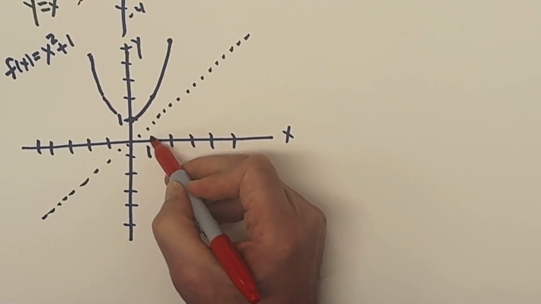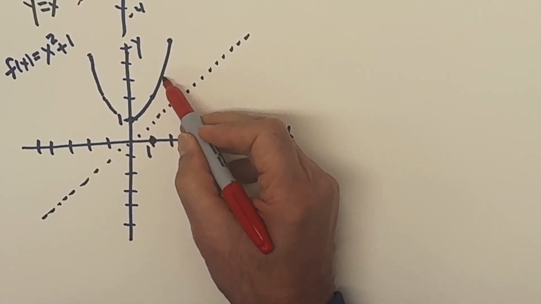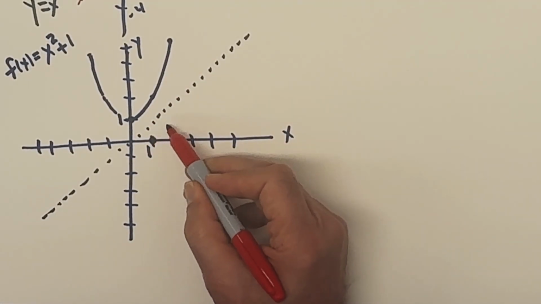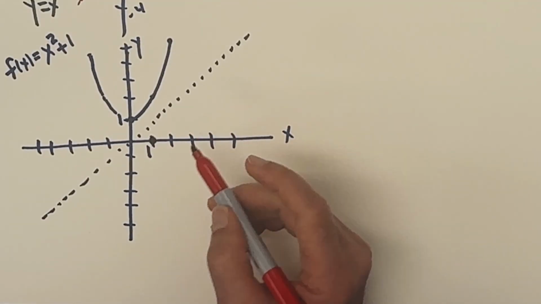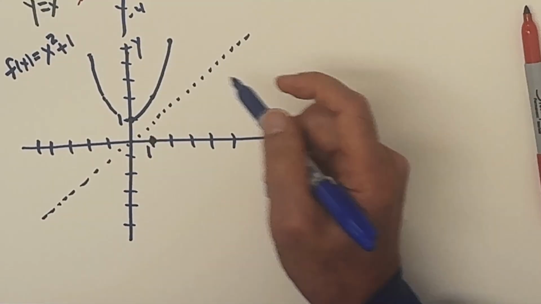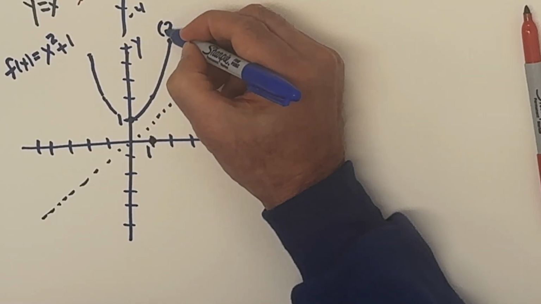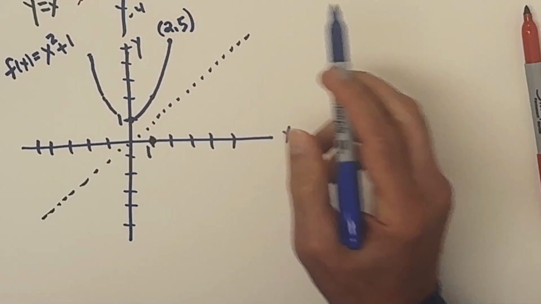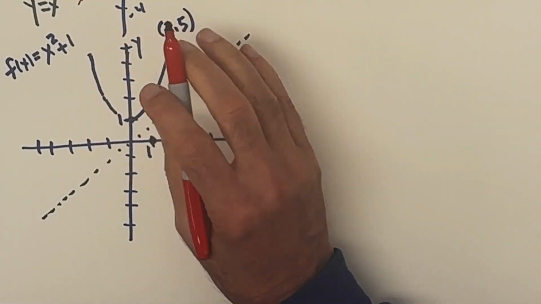So we would be there. And if this goes up like that, this one's going to go more like this. Now, to be more specific, let's look at this point. This point is 2 and 5. So if I want to get the reflection right, I'm going to swap those.